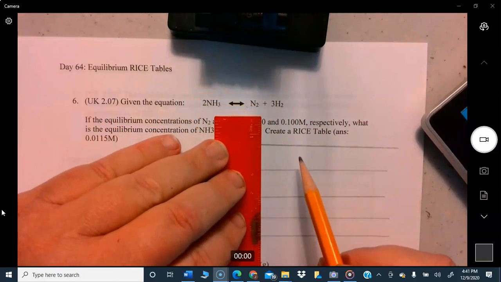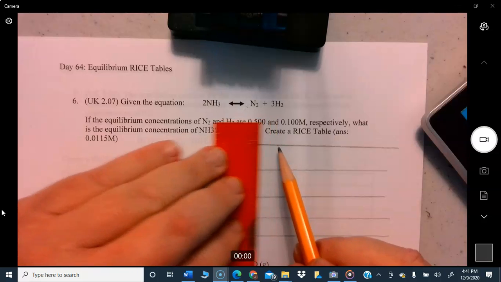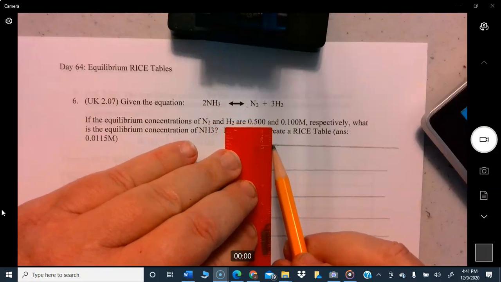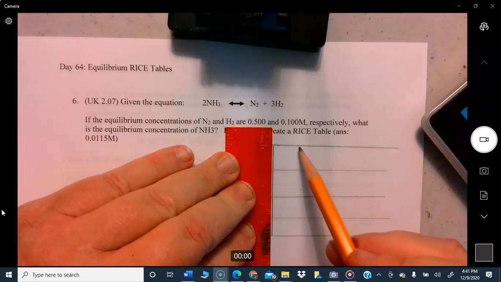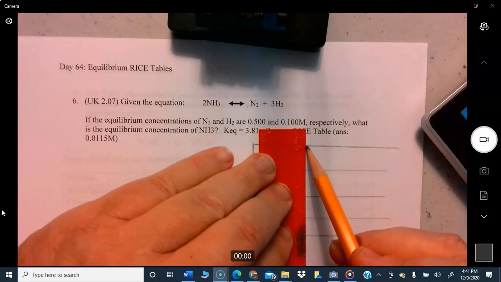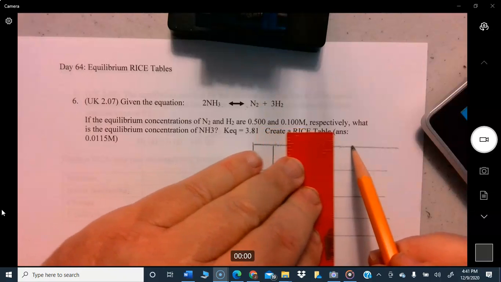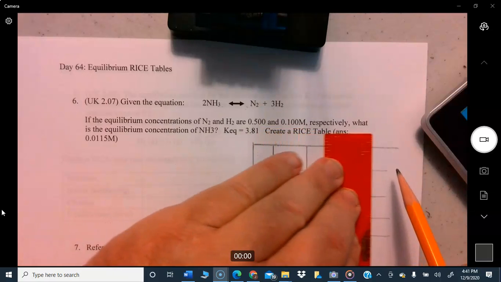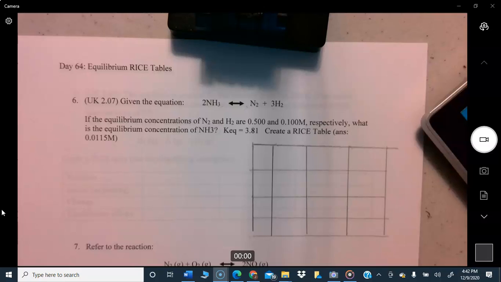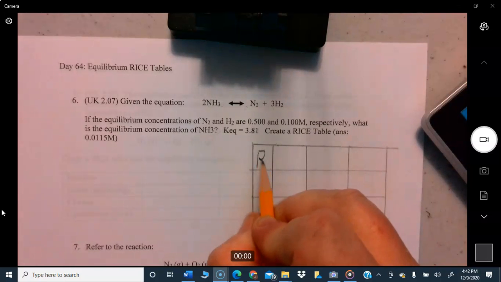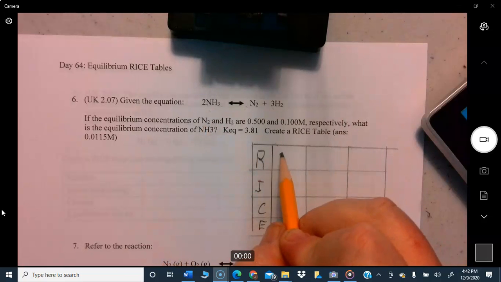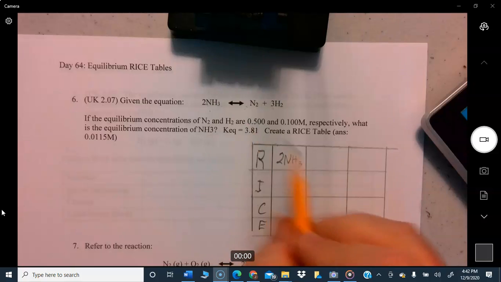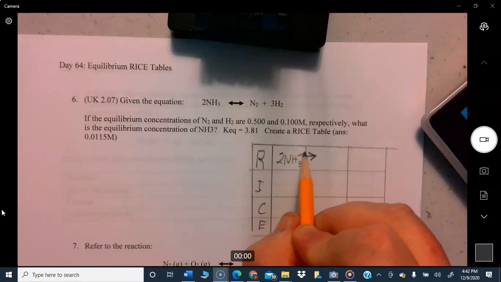We have a total of 3 products and reactants together, so we're going to need 3 spots for those. So here's RICE: reaction, initial, change, equilibrium. We're going to write the reaction just like you see it there. There's the arrow right there.